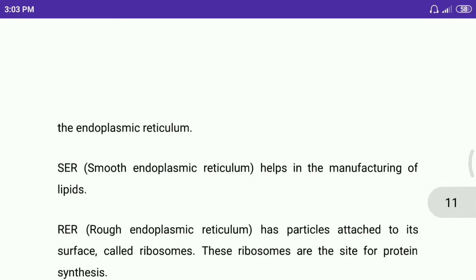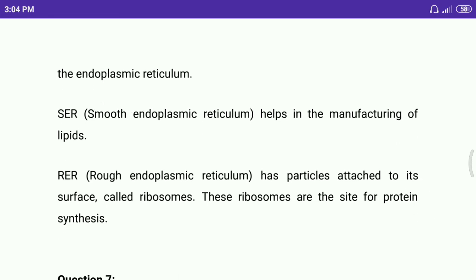SER, smooth endoplasmic reticulum, helps in manufacturing of lipids, and RER, rough endoplasmic reticulum, has particles attached to its surface called ribosomes. These ribosomes are the site of protein synthesis.